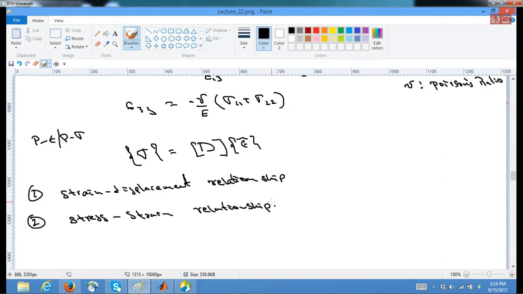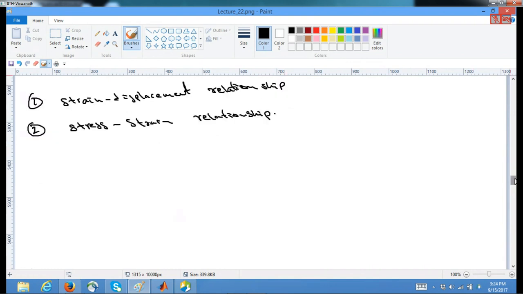Now what we need to do is solve our governing differential equation for the 2D structures. In order to do that, we have several ways to come up with.